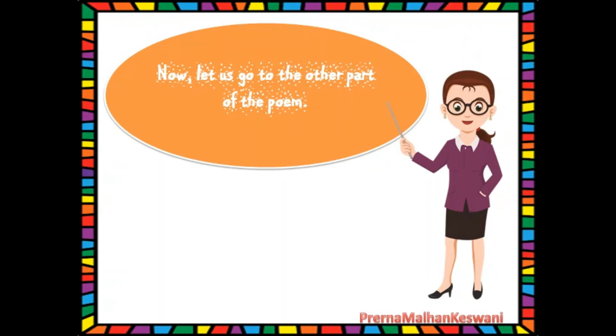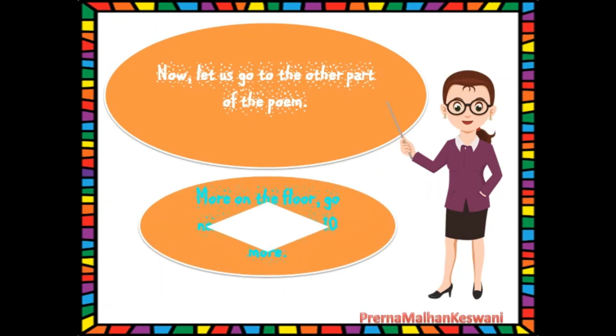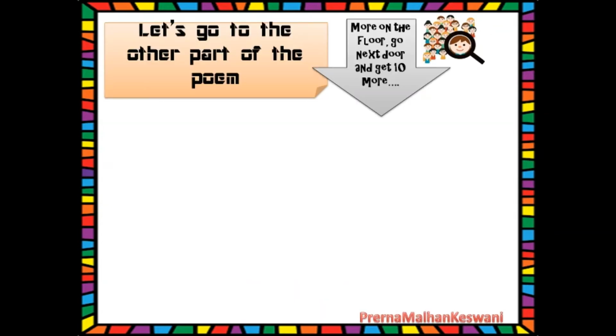So now we will see the 4-digit numbers where the number on the floor is more. So what you have to do? The same thing which you have done in the 3-digit numbers. More on the floor, go next door and get 10 more.